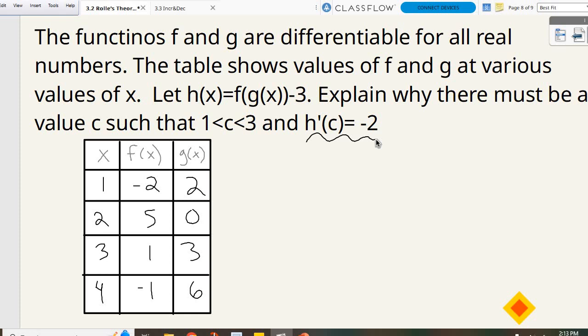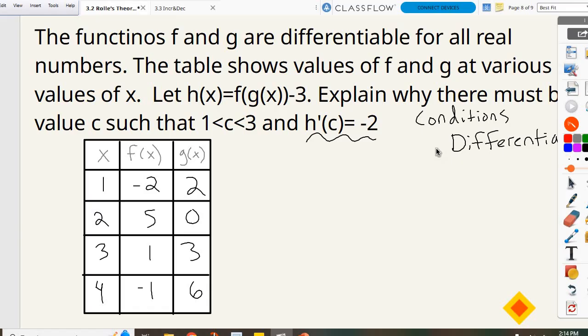Which means that our first thing is conditions. What conditions have to be met for MVT? Alright, are they that? Well, it tells us that they are what? So if f and g are differentiable, will h also be differentiable?